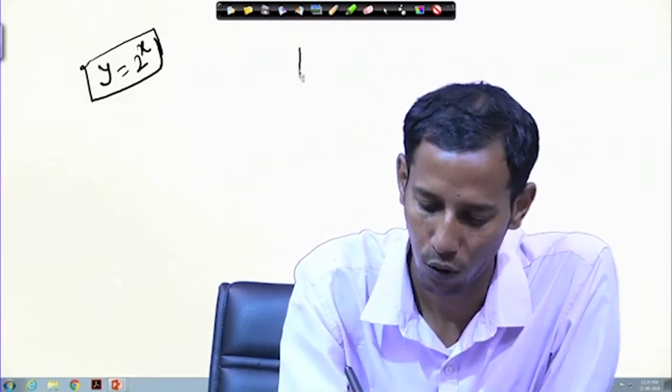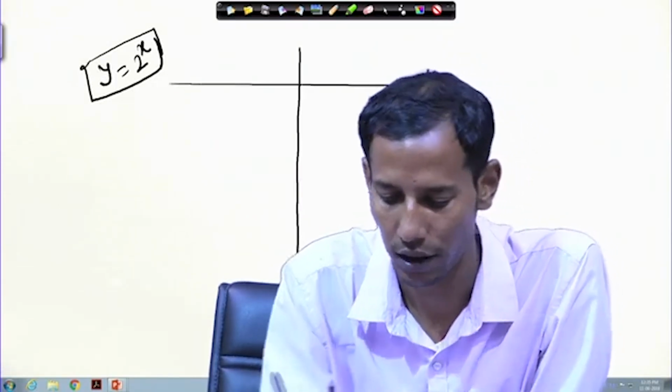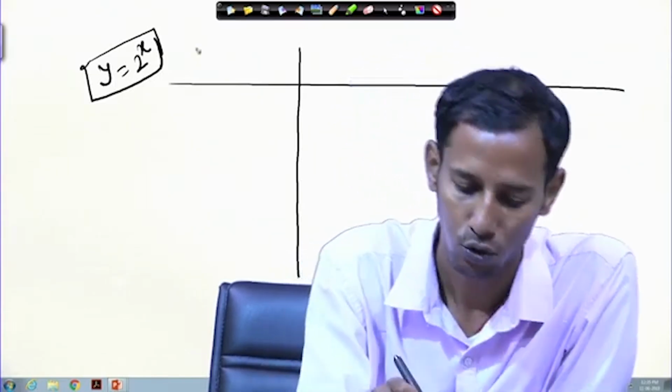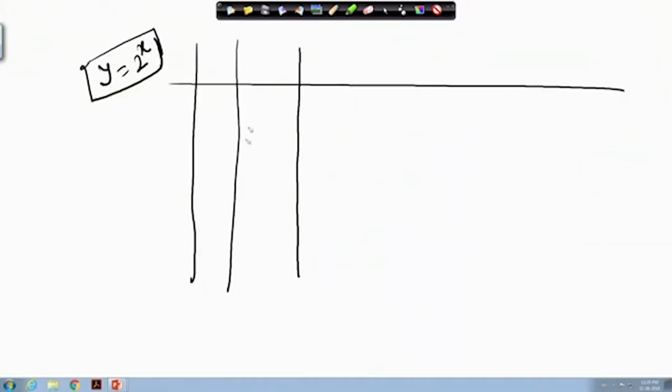If I draw the truth table, and consider x to be 4 bits, that is x3, x2, x1 and x0, then y will be 16 bits.